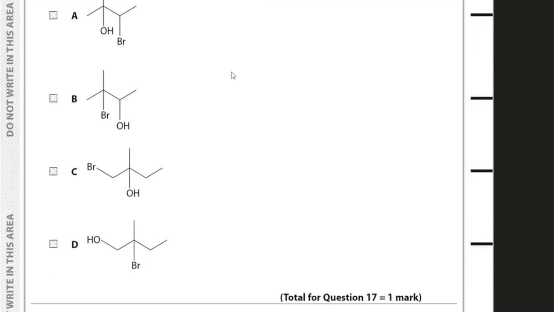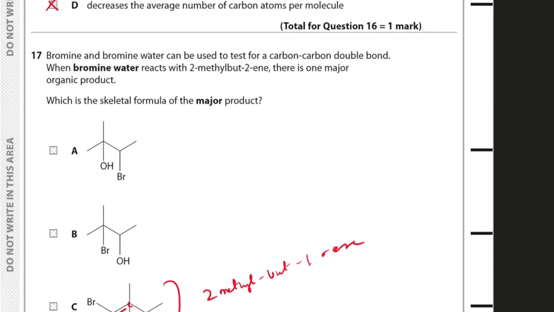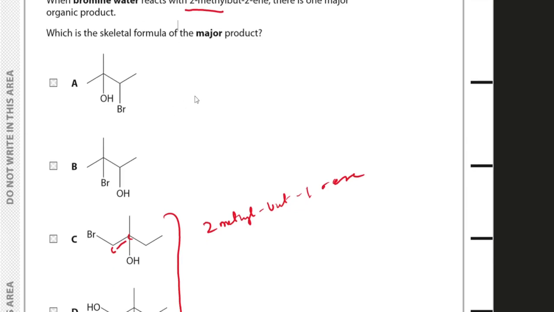So if you check out options C and D down here, we can clearly see that the double bond was present right here, but this makes the whole compound 2-methylbut-1-ene. So in C and D, you can clearly see that the addition of bromine water was done to 2-methylbut-1-ene, whereas we are provided the bromine water to react with 2-methylbut-2-ene.